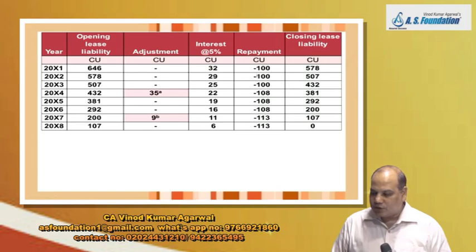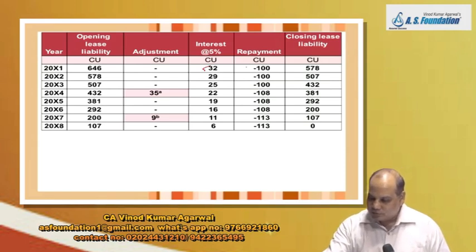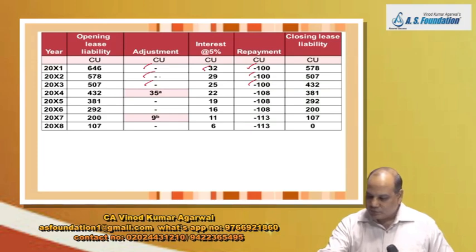Repayment will be first 3 years 100, 100, 100. Okay. So keep checking whether what we are discussing is right. Now tell me whether the balance in the first year is 578. Say yes. Yes. 578 into 5%, 29. Payment 100, balance 507.